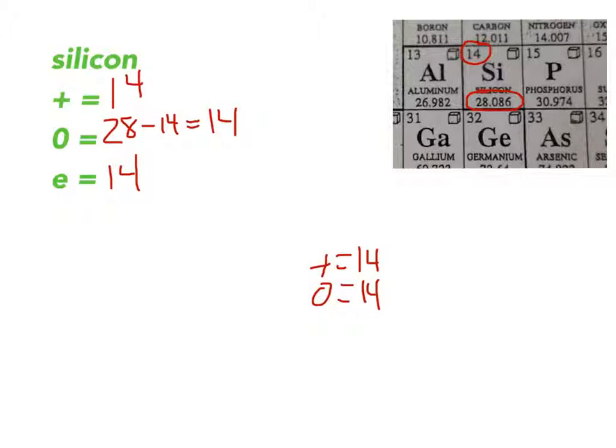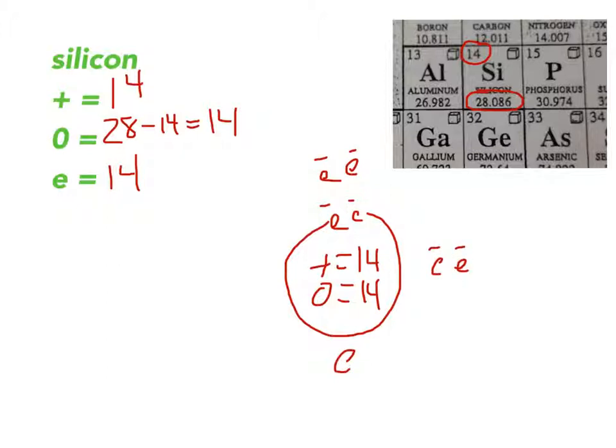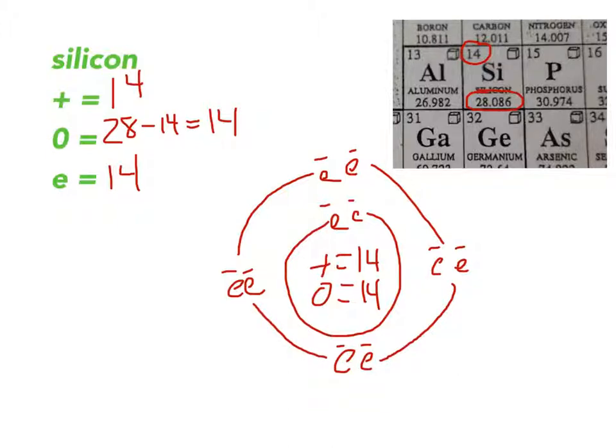There's our nucleus. We need 14 electrons, so that means we need 2 in the first shell. 14 minus 2 is 12, so we need 12 more, but only 8 can go in the second shell. So 1, 2, 3, 4, 5, 6, 7, 8. There's our second shell. Very clear that the second shell is different than the first.